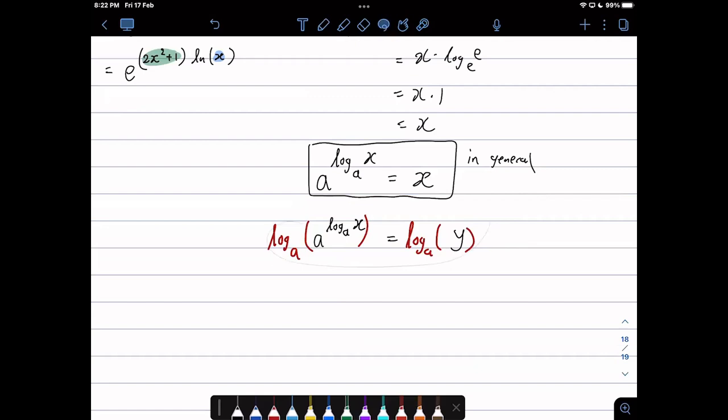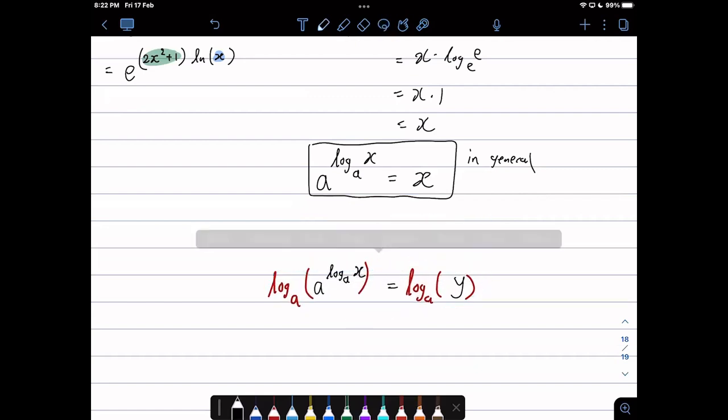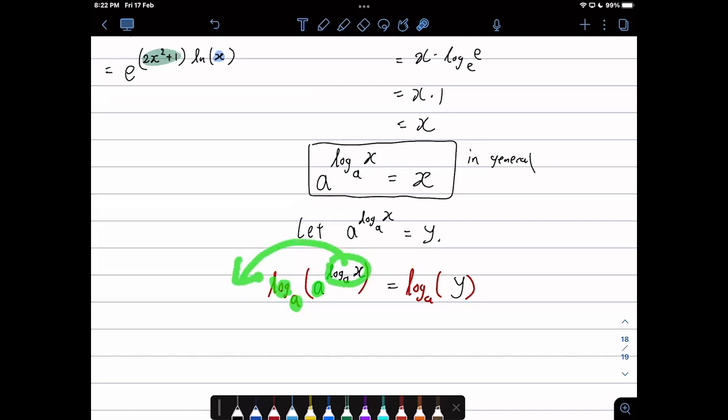First line I should write down: let the left-hand side equal y. Then I take log base a on both sides. What happens when you have log base a of a to the power of something? The something can be brought down, that's just the power rule.